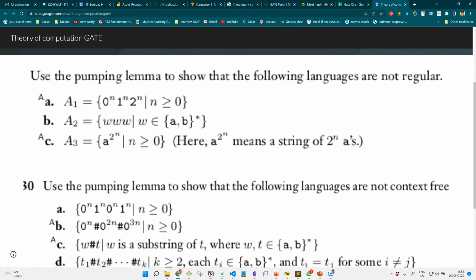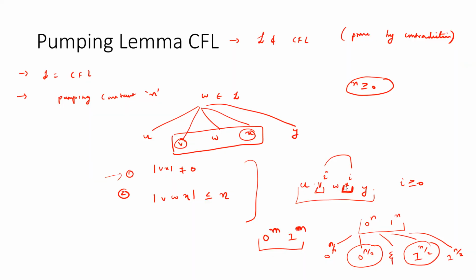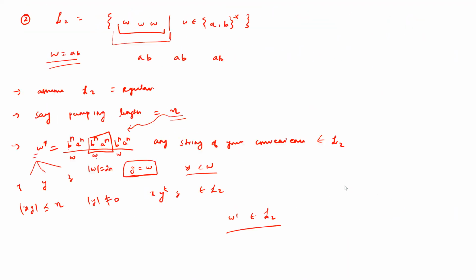The language L is 0^n 1^n 0^n 1^n, such that n is greater than or equal to 0. I'll change the symbol here also: let's make the language 0^m 1^m 0^m 1^m.